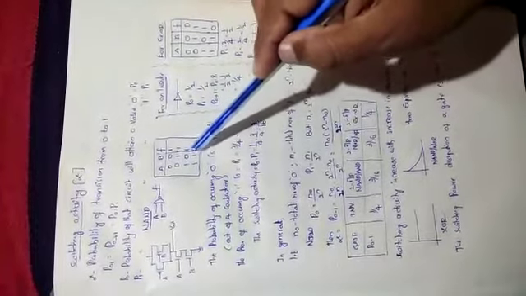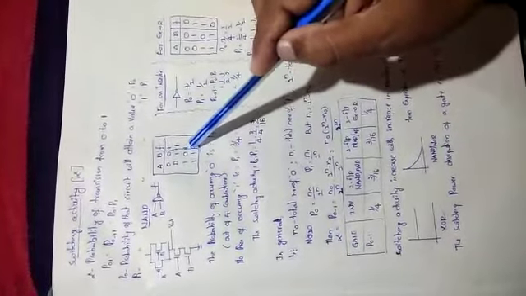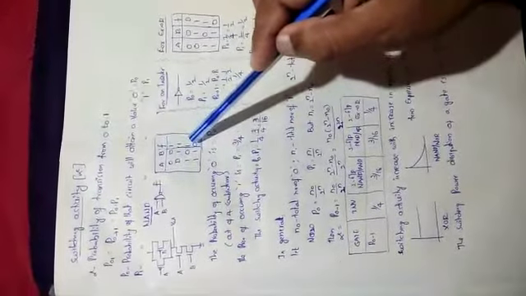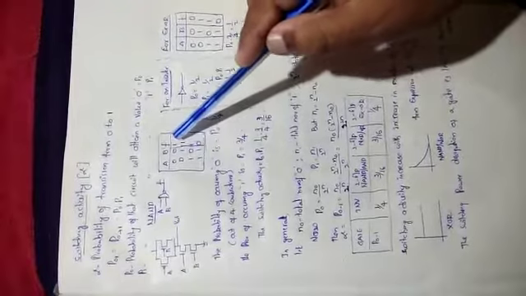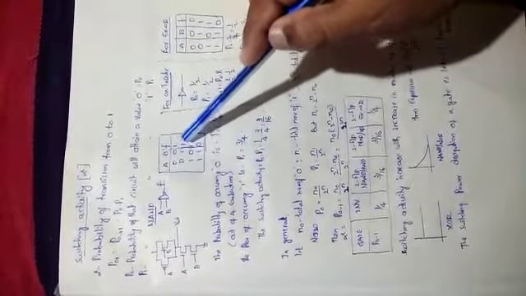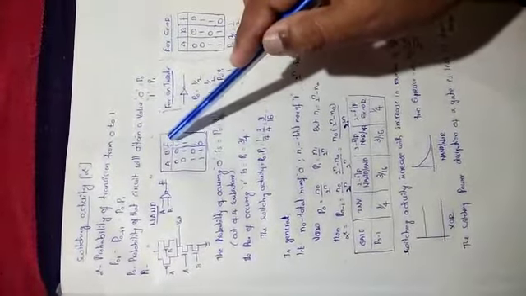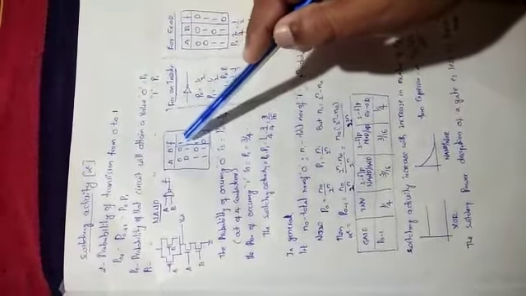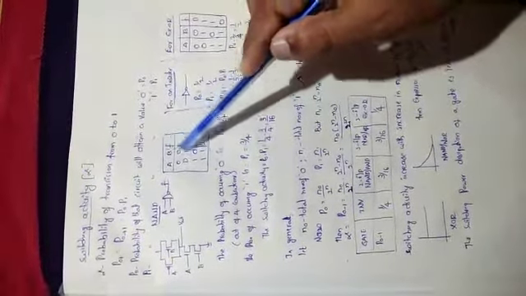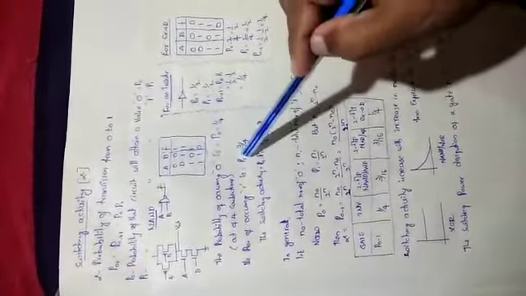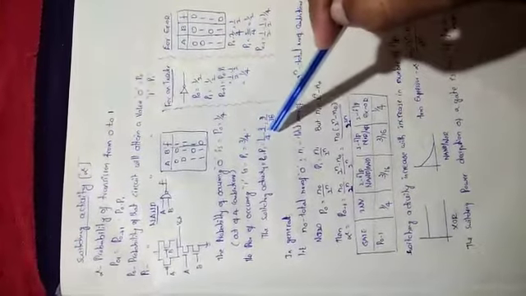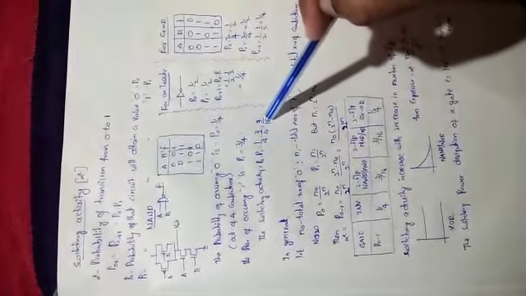The probability of occurrence of 0 out of these 4 combinations is 1 by 4. The probability of occurrence of 1 is 3 by 4, since we have 3 ones out of 4 combinations. So the switching activity is P0 times P1, that is 1 by 4 into 3 by 4, which is 3 by 16.